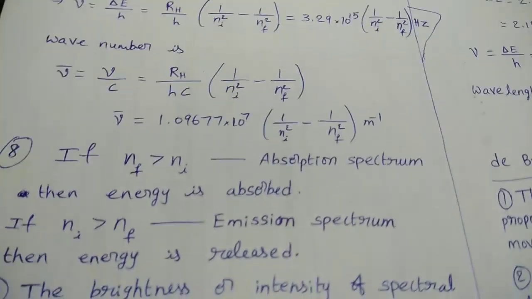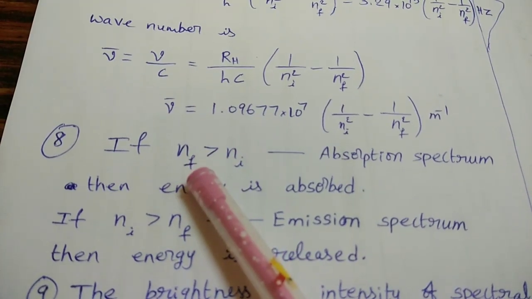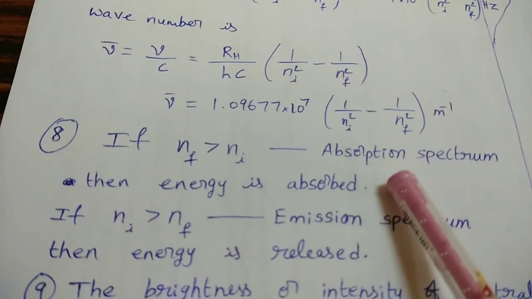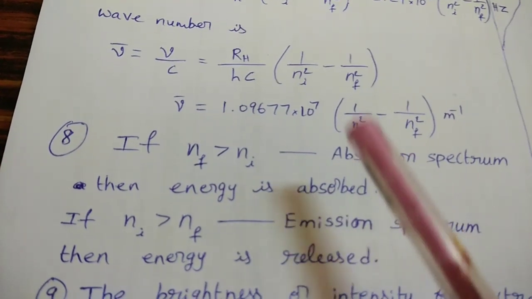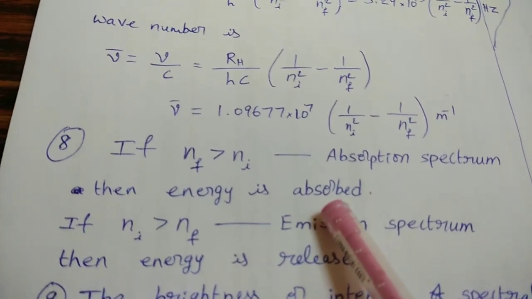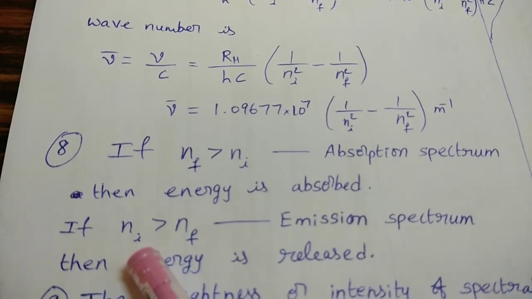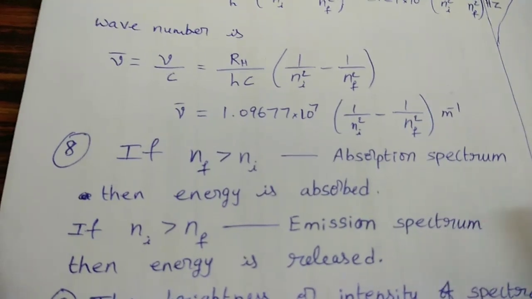Next, remember these conditions: if n_f is greater than n_i, final orbit number greater than initial orbit, then we can observe absorption spectrum. That means energy is absorbed. If initial orbit number is greater than n_f, then emission spectrum takes place.